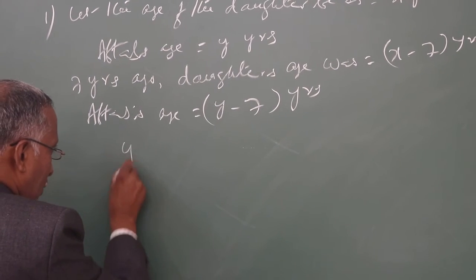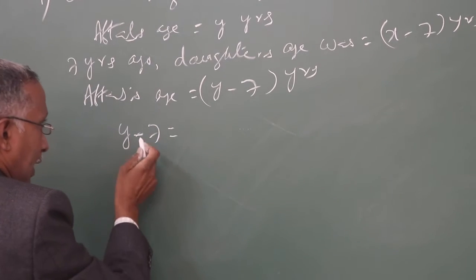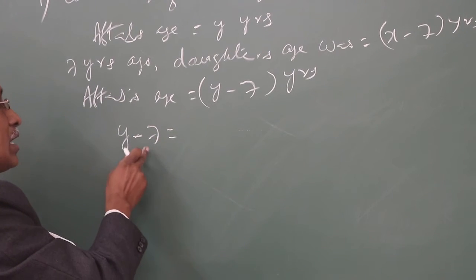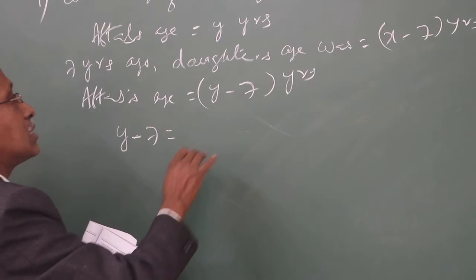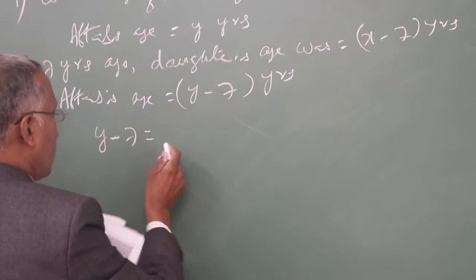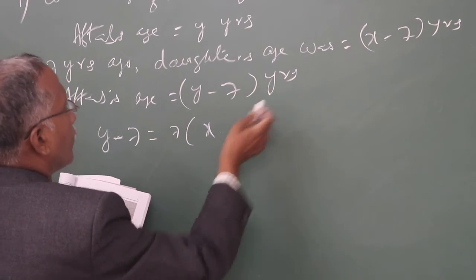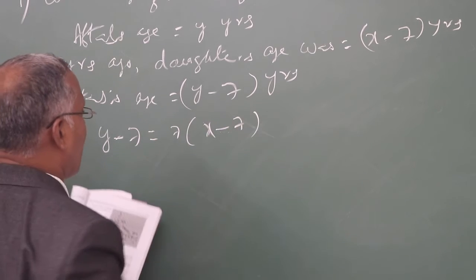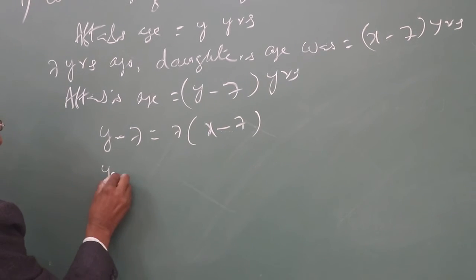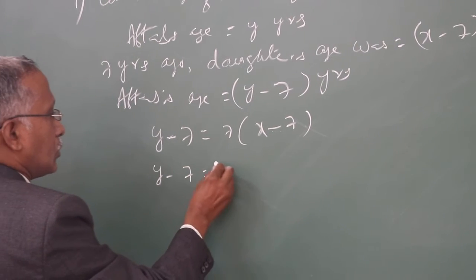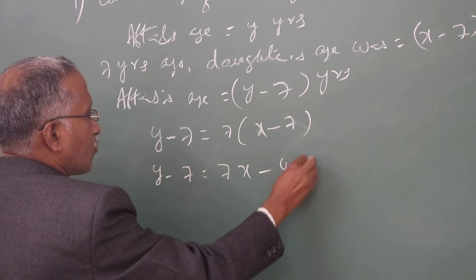Therefore, y minus 7 is equal to 7 times as old as you. That means here 7 into x minus 7. Let us solve this now. y minus 7 is equal to 7x minus 49.